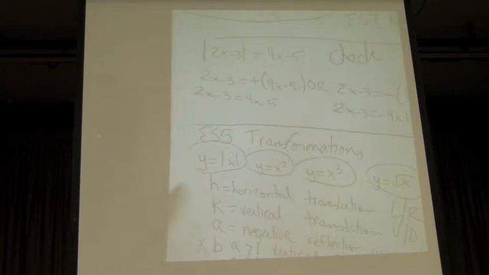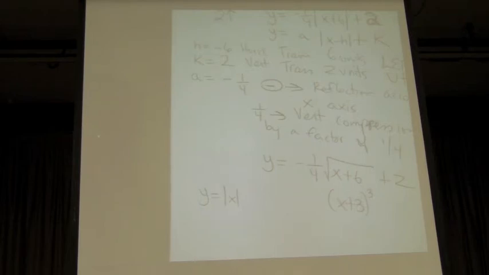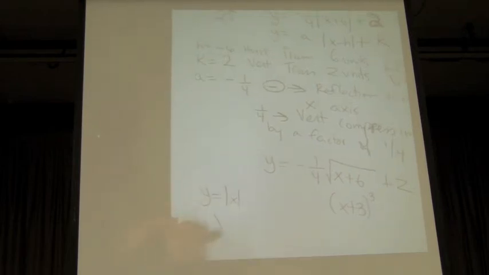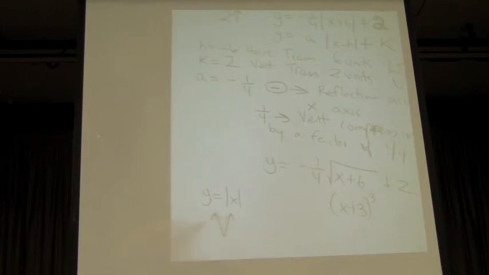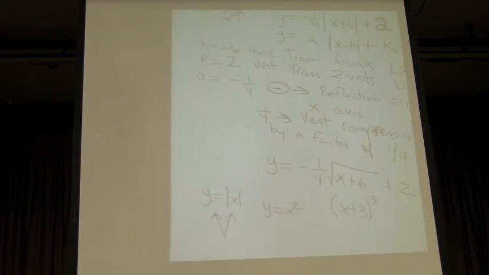First things first, what do these mean? They mean the same thing no matter what parent function it is. Second thing, what do these different functions look like? Absolute value is a V. Y equals x squared is a parabola.